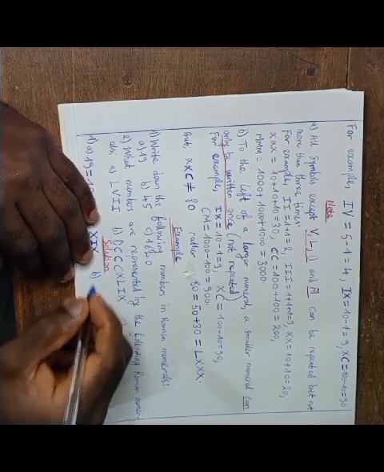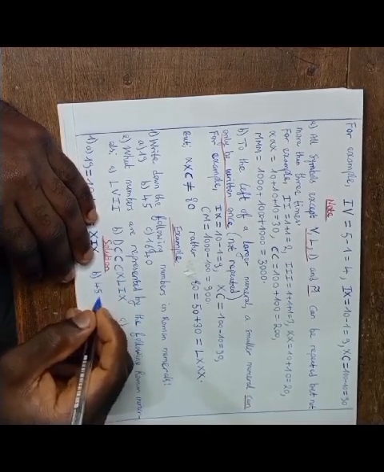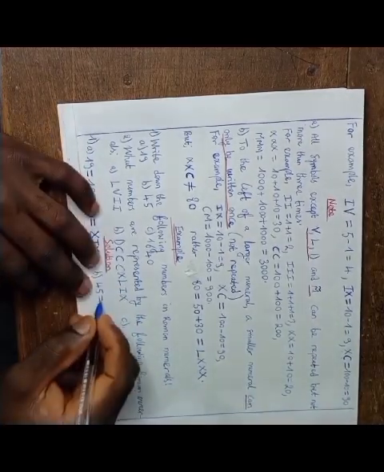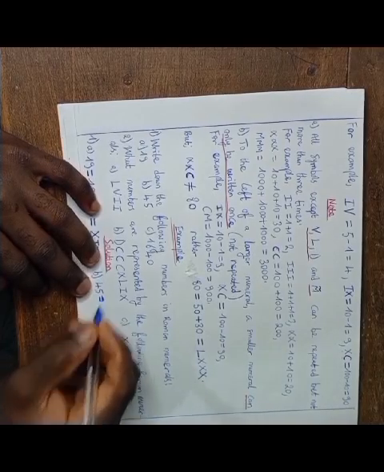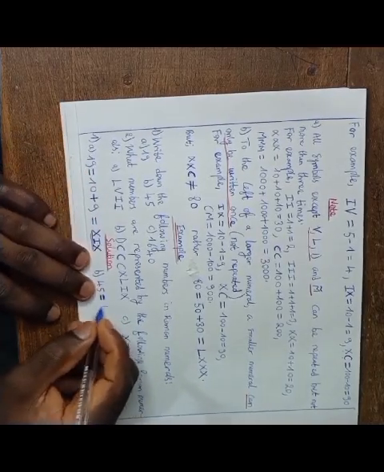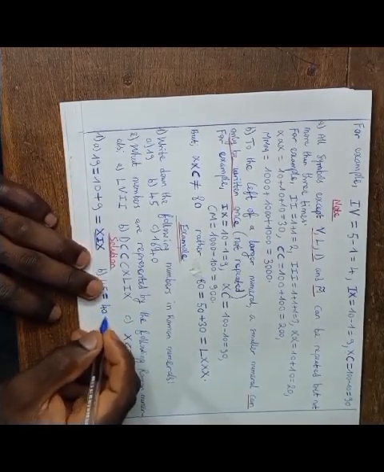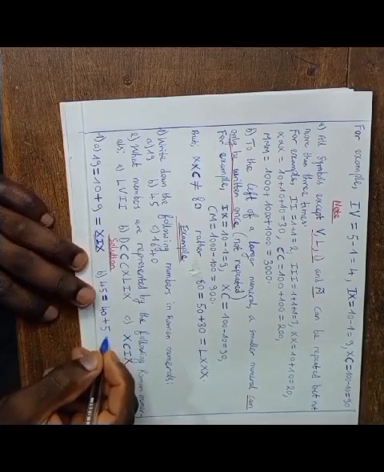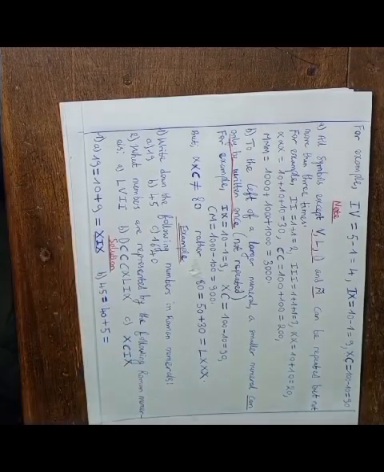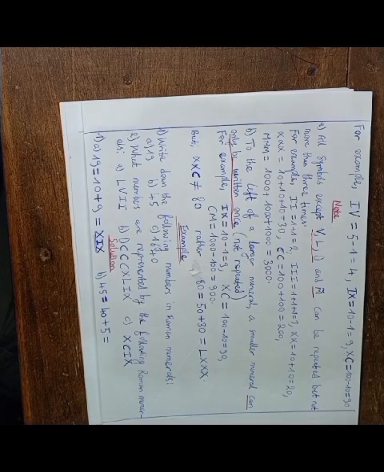Next, question B, we have to represent the number 45. So now this is equal to 40 plus 5. The Romans represented the number 40 by subtracting 10 from 50.